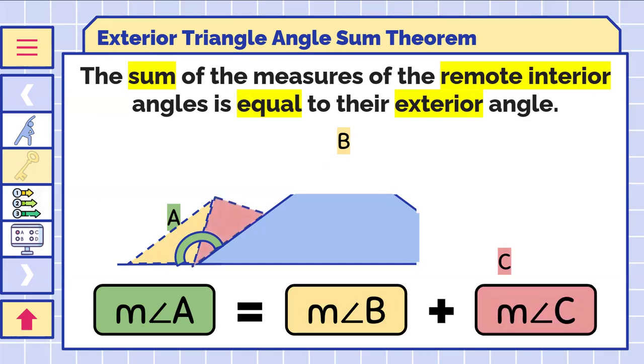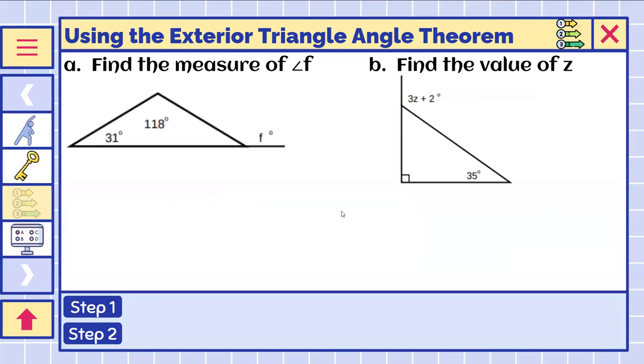They perfectly fill and complete angle A, the exterior angle. And that's the equation: the measure of angle A, the exterior angle, equals the two remote interior angles added together. You can also write it the other way, that angle B plus angle C equals angle A, but it's the same thing. Now let's use it to solve problems.